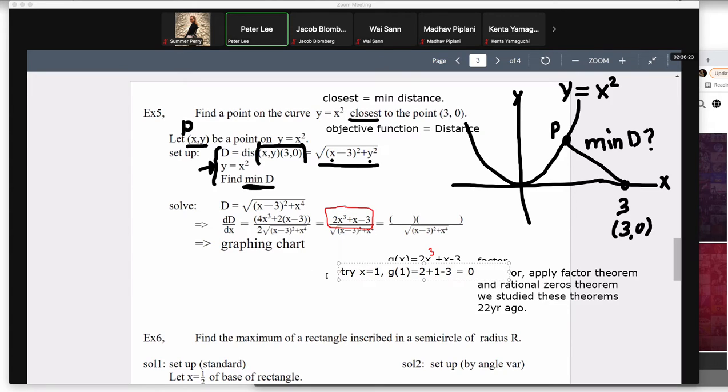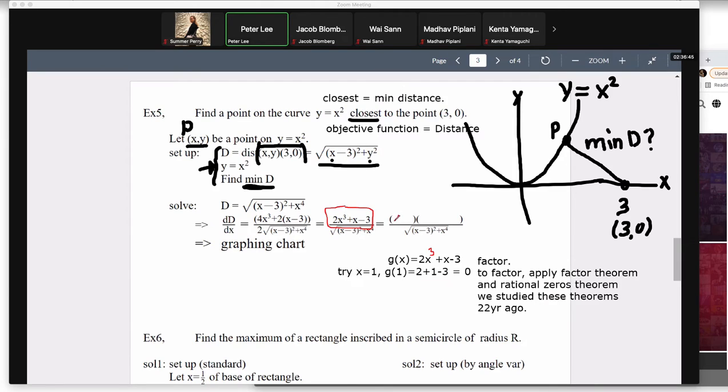I have no space to put the exclamation mark there. So that means g of 1 equals 0. That means we now have this.